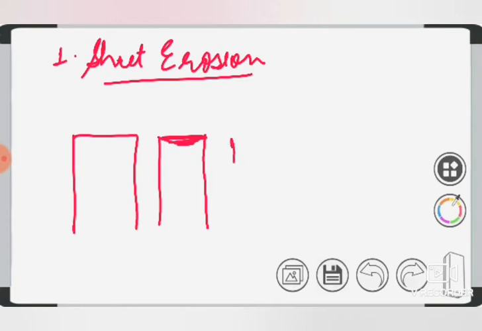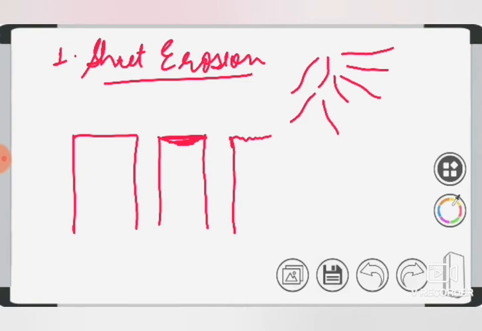Then comes your rill erosion. When we talk about rill, these types of projections are there. Finger-like projections or finger-like gaps can be seen in the land. When we talk about gully erosion, when these get widened, or when the slopes of the hills are steep, it happens over there.